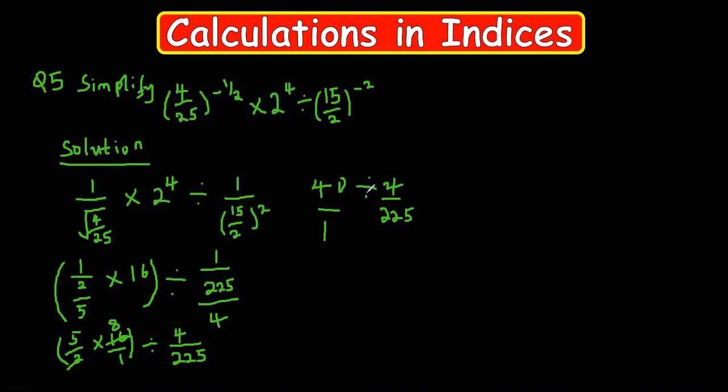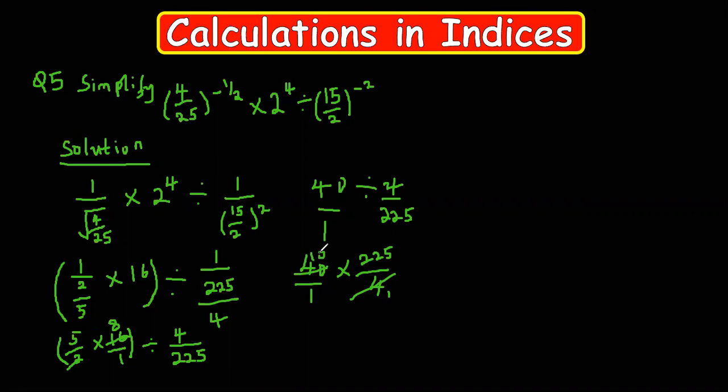We change this to multiplication, and this goes up, 225 divided by 4. This takes care of this, and this cancels this.